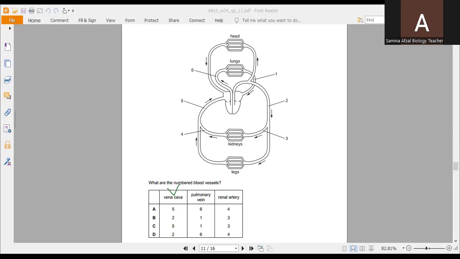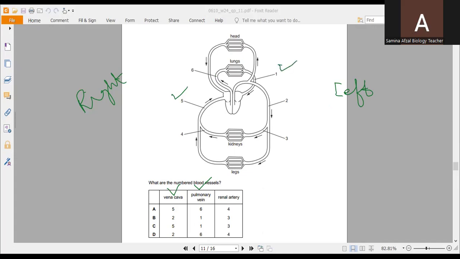So this is the left side, and the heart shows the mirror image. So 5 is the vena cava, which is pouring the blood into the right atrium. And then pulmonary vein. Pulmonary vein is the blood vessel which takes the oxygenated blood from the lungs towards the heart and pours that blood into the left atrium.